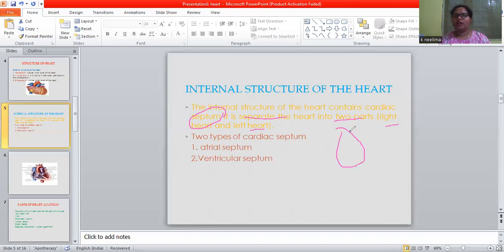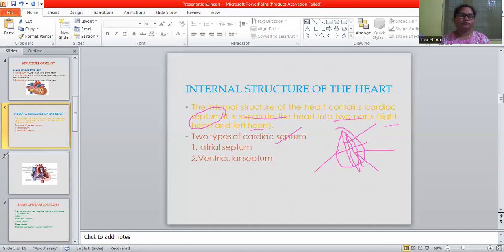So this is the heart, with one septum between the right and left heart. Two cardiac septums are present, the atrial septum and the ventricular septum. The atria are present in the upper side of the heart, and the lower side is called the ventricular septum.